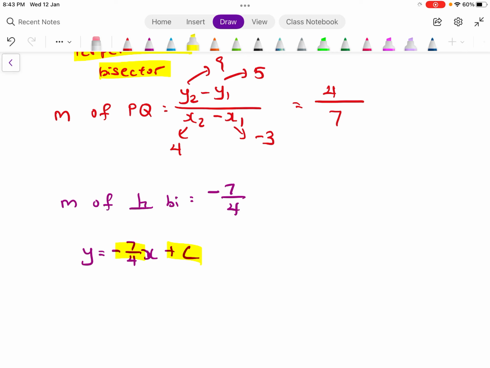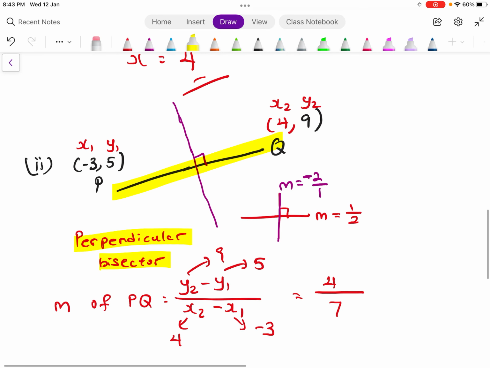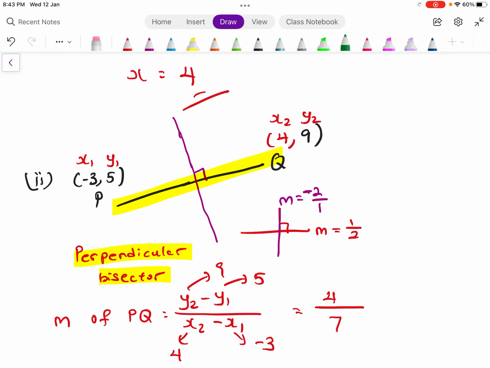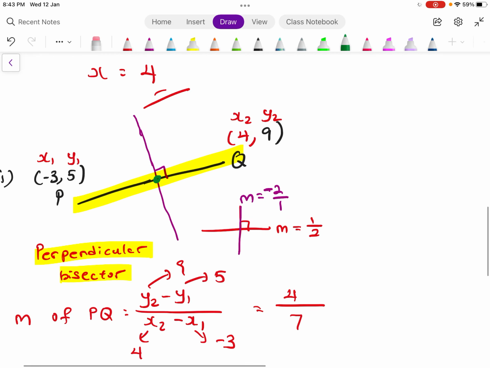How do I find the y-intercept? Very simple. First, you will need the help of the midpoint. Remember, this purple line bisects PQ exactly at the midpoint. So this is the midpoint. You also need to remember the formula. The midpoint is x1 plus x2, which gives you positive 1, divided by 2, so you get 0.5.